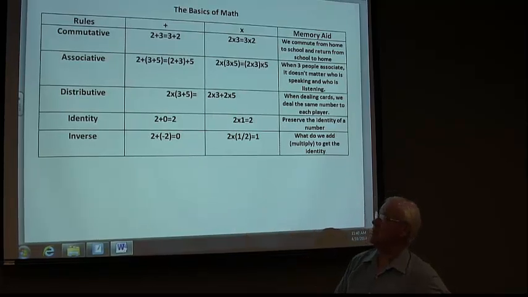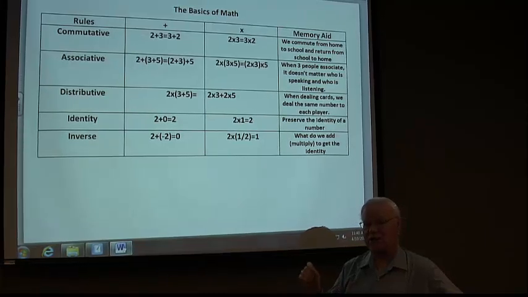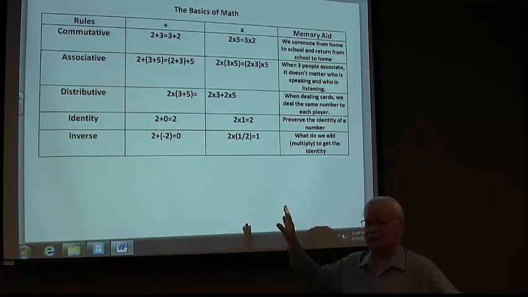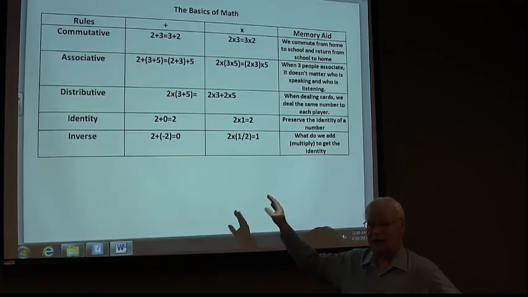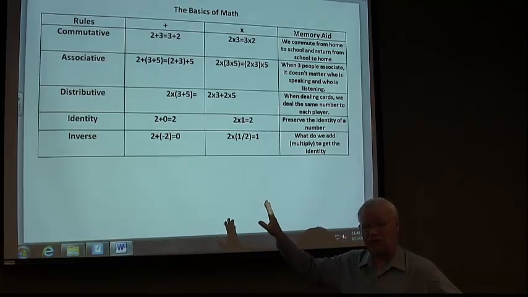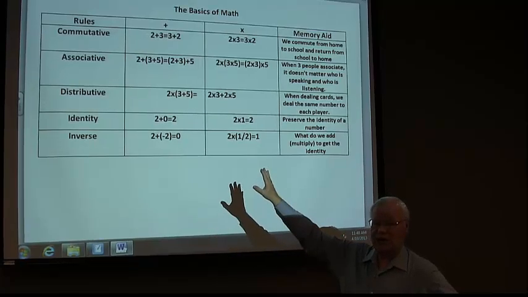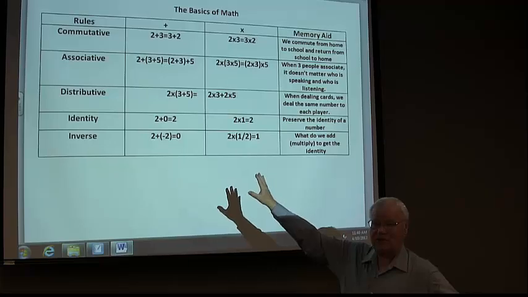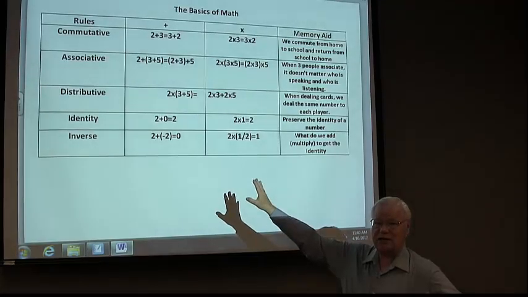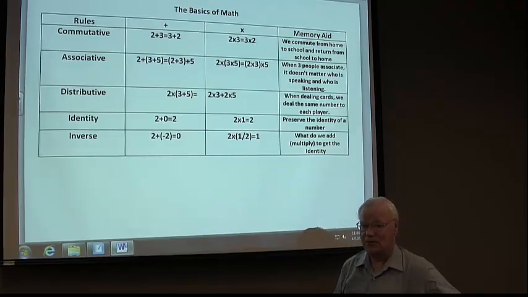So that's the idea, the basics of math. As you go through this next homework assignment, you're going to be asked to identify these rules. So I would recommend that you write these down or review them until you know them. But these rules are very important. It's a shame to get further on in this course where we're studying something completely different, but make a basic mathematical mistake and get the wrong answer on your assignment or on your test. So these are very important to know.